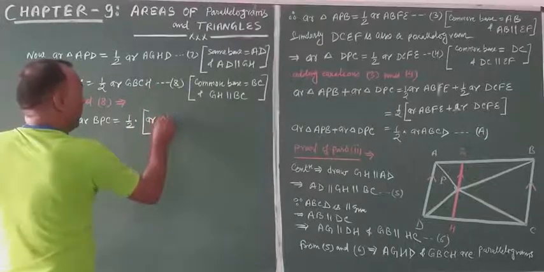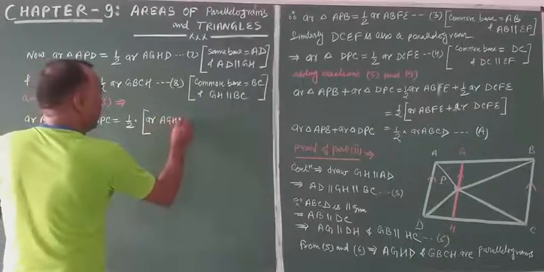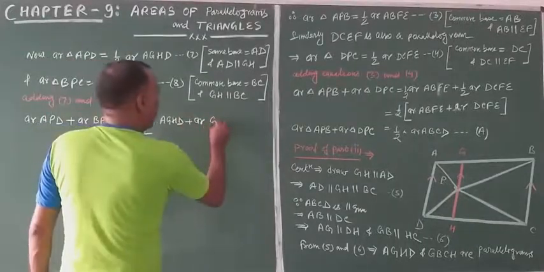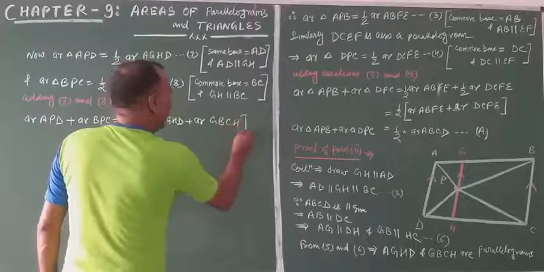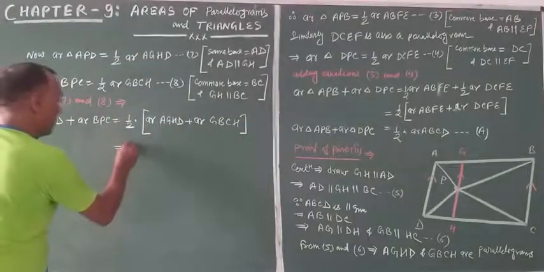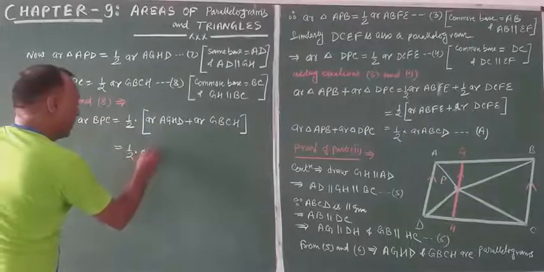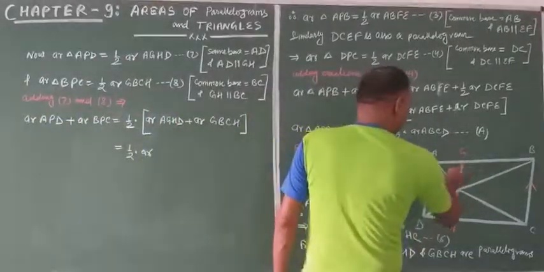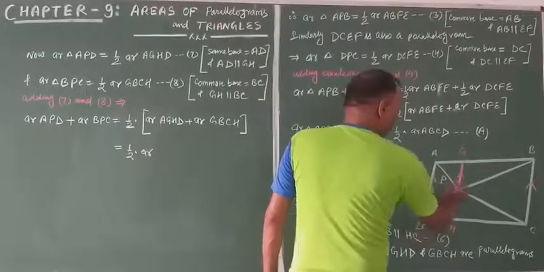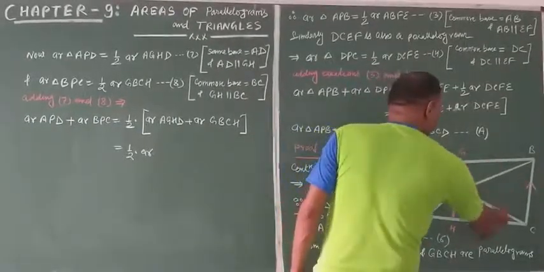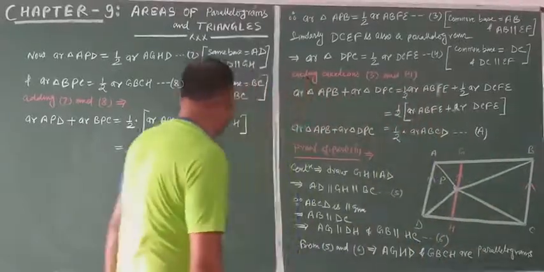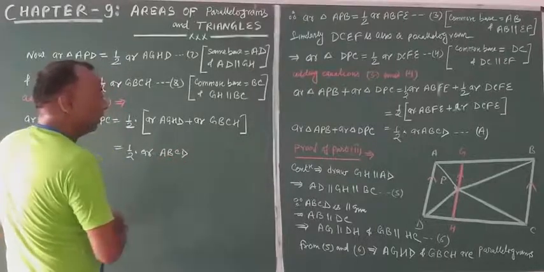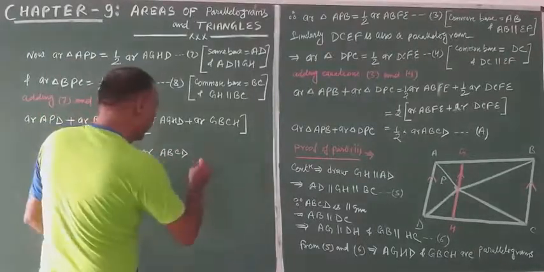Area AGHD plus area GBCH. Now just look here. Half into area ABHD plus GBCH, this is again ABCD. This is half of area ABCD, and let this be equation number B, capital B.